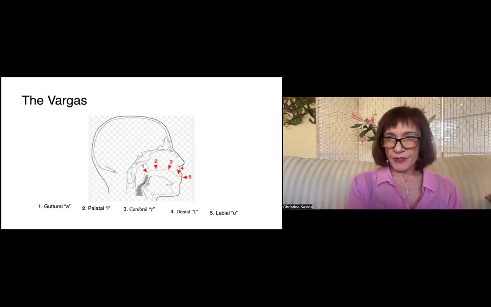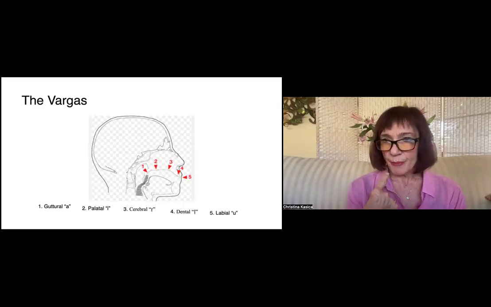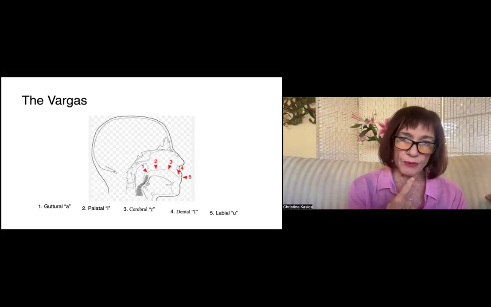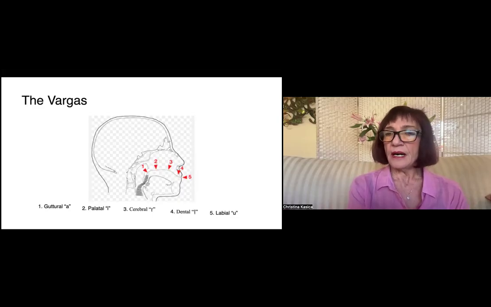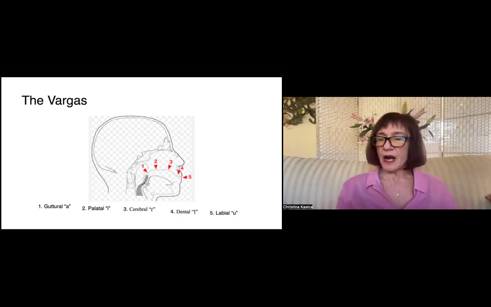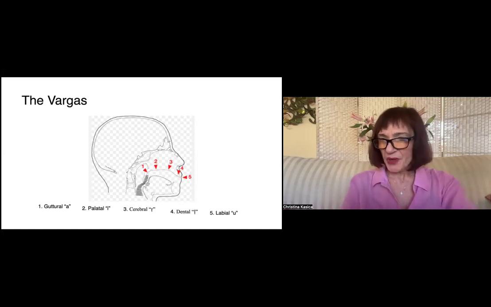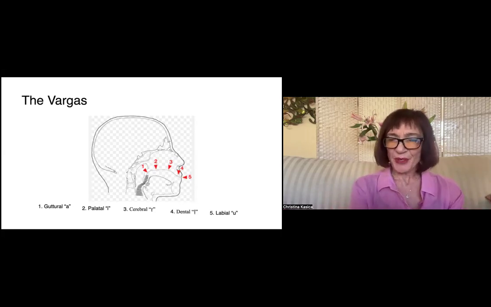Okay, next position is palatal, second varga. And there you put the tip of your tongue against that hard bump in the back of your upper mouth. And you say the letter I. Everybody say it, good, good, good.